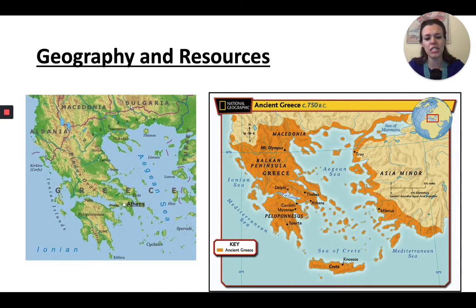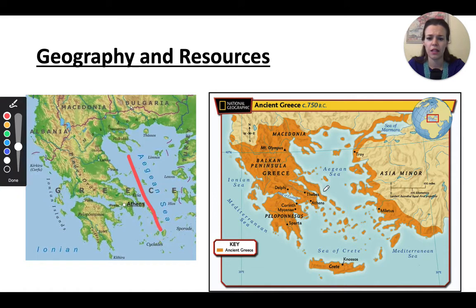So, the Aegean Sea is going to be on the eastern side of Greece. The Ionian Sea is right here, close to the western side of Greece, and the Adriatic is over here, right?